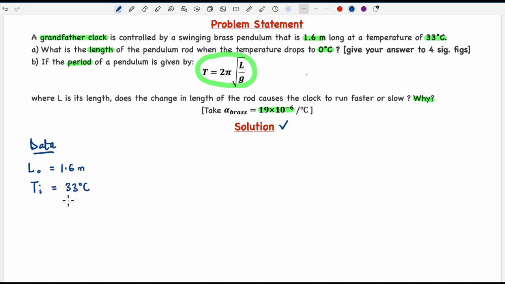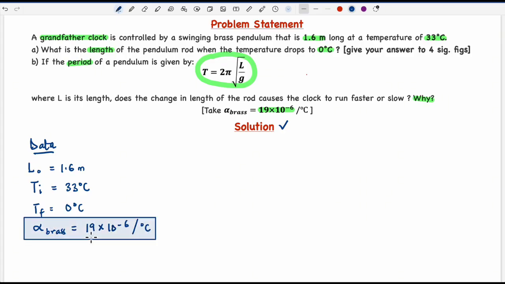We are to find the length of this pendulum rod when the temperature drops to 0 degrees Celsius, meaning the final temperature is now 0 degrees Celsius. We are also given alpha for brass to be 19 times 10 to the power minus 6 per degree Celsius.